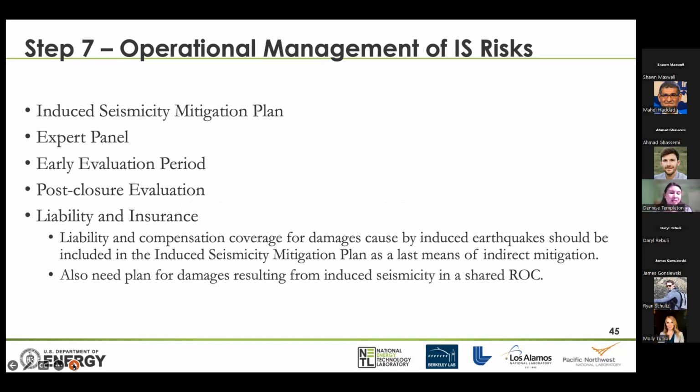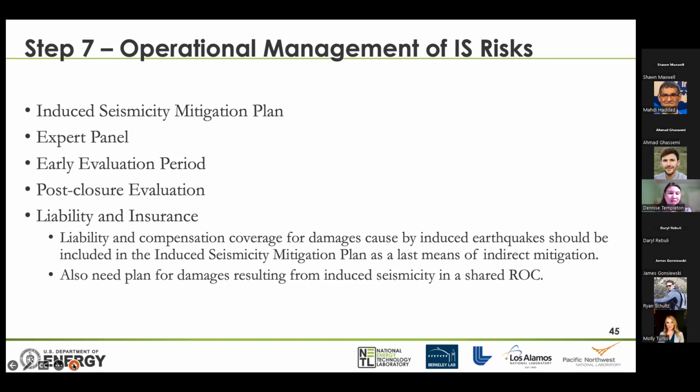I mentioned again liability and insurance. There needs to be a discussion of what coverage is going to be available for damages caused by induced seismicity, and that should be included in the induced seismicity mitigation plan. Again, that's going to be the last means of indirect mitigation. Everything that we're talking about here in steps 1 through 7, essentially, is how to not have induced seismicity that impacts the surface population or the subsurface infrastructure.